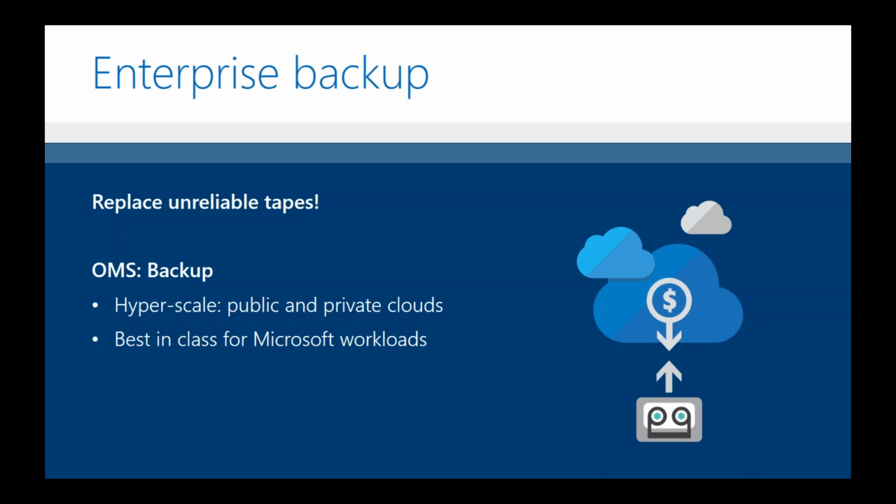Existing customers that are already using DPM can leverage the backup as a service offering of OMS Backup to eliminate unreliable tapes and increase the agility of their enterprise backups by using Azure as their offsite target. That can significantly reduce TCO, but also make recovery much more reliable and streamlined.